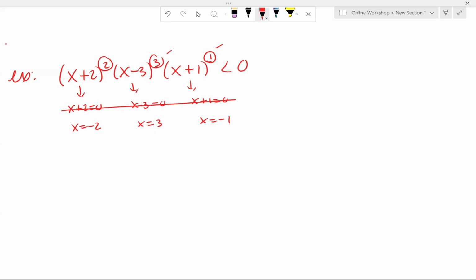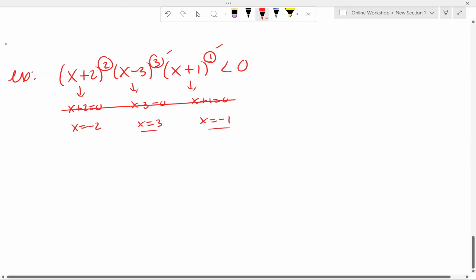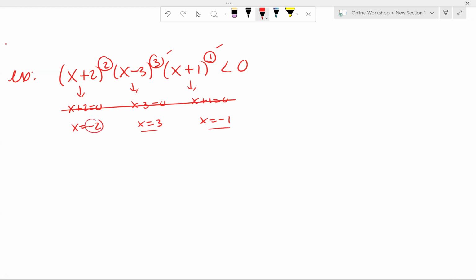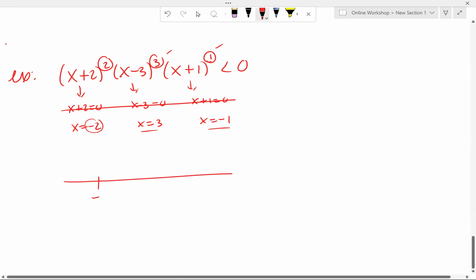And that's at critical points 3 and -1 because they came from the odd powers. The -2 came from the even power, the even multiplicity. That means it will not change signs at -2. It has to be the same sign on both sides. But we don't know which one it is until we start doing the number line.